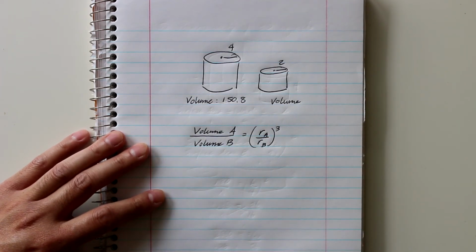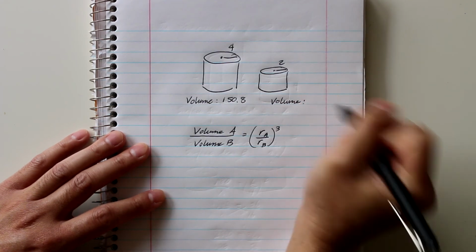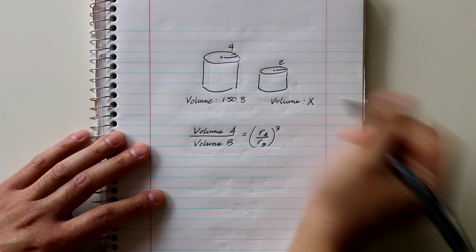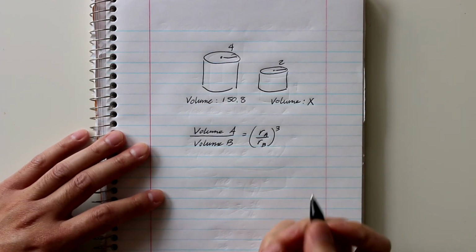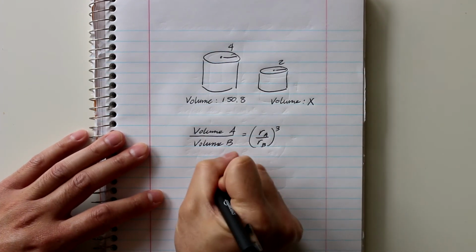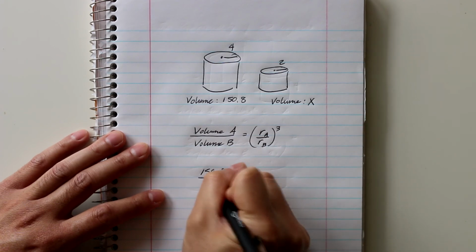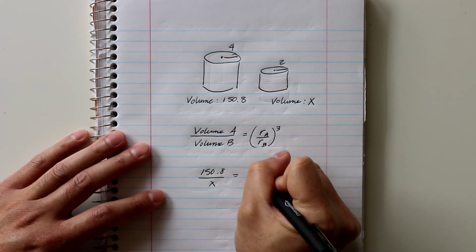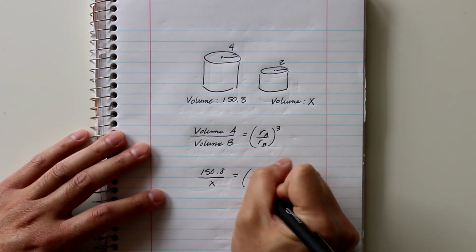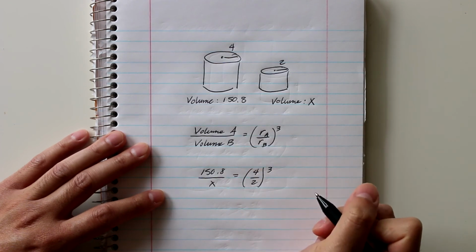Like I said, the last example was surface area, that was to the power of 2. Now we're talking about volume, and volume is always to the power of 3. So now we can use this information to help us find our missing volume, which I'm going to say is the variable x. So we'll plug it in. You have 150.8 divided by x is equal to 4 over 2 to the power of 3.